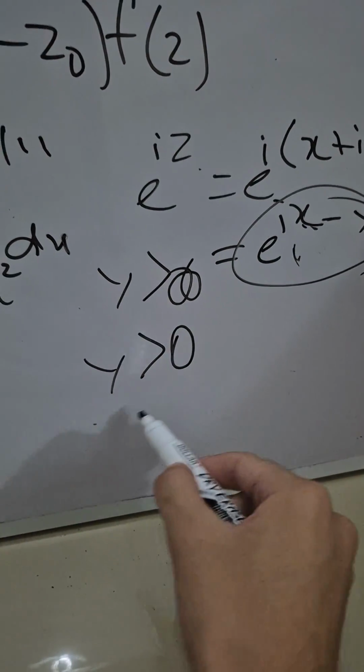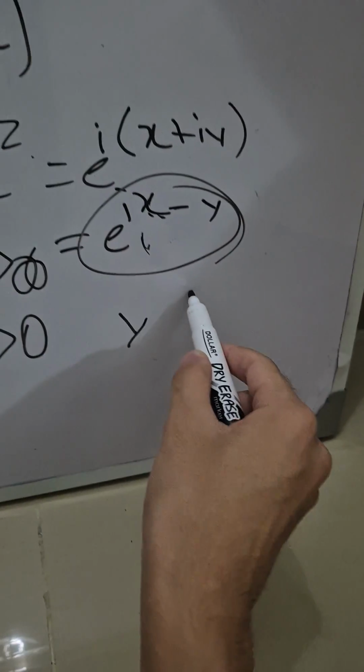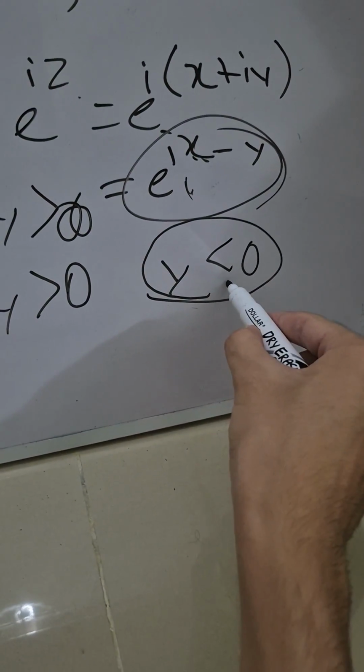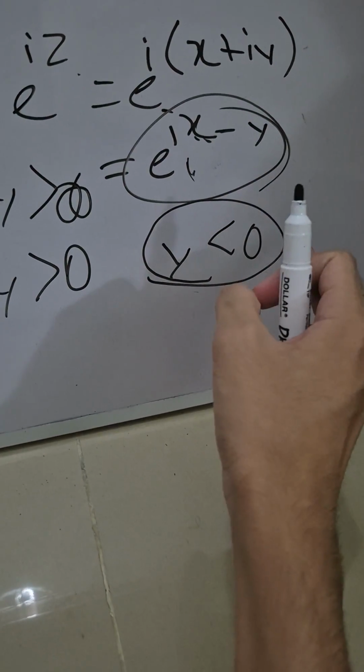Greater y makes it decay. And if y is less than 0, well, you sort of know what happens, right?